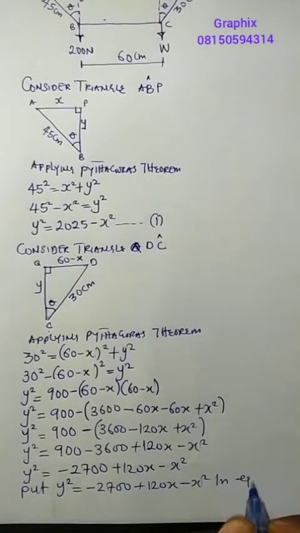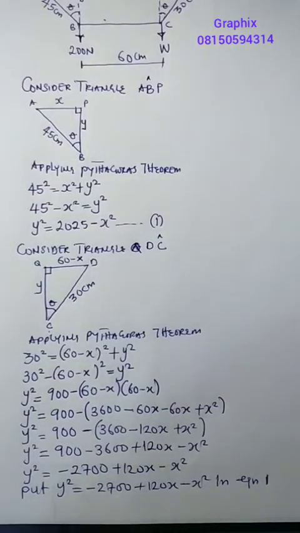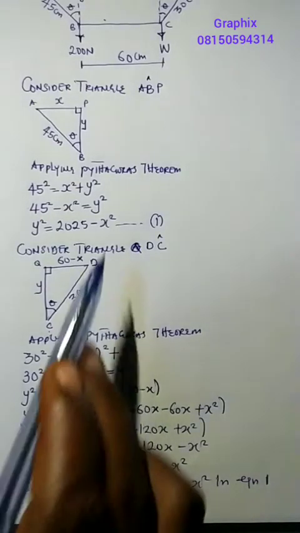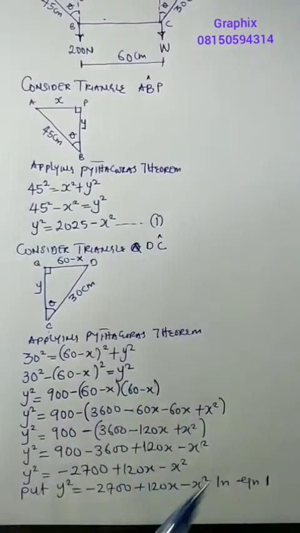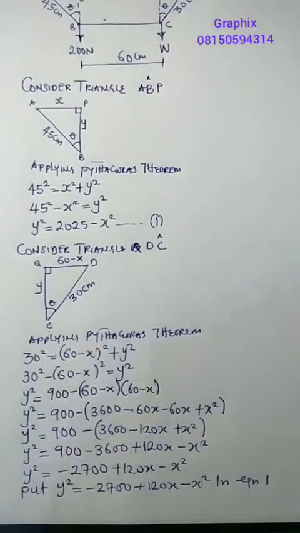In equation 1. How is our equation 1? This is our equation 1 here. So we're going to put y squared to represent that guy there. And in doing that, this is what you'll be having. So this is equation 1 here, right? So you put a y squared here.